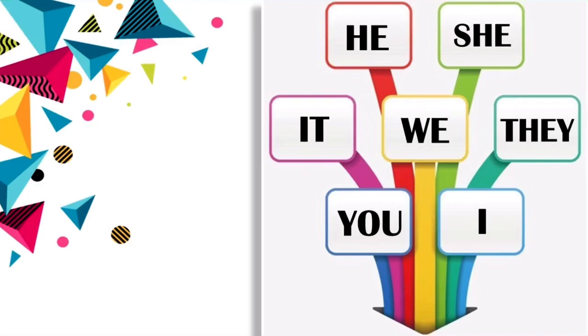Alright? Next pronoun is we. We is used when the speaker is also included with the subject in a sentence. It is a plural pronoun. That means we use it when there are more than one person in the sentence. There is a hint for that.